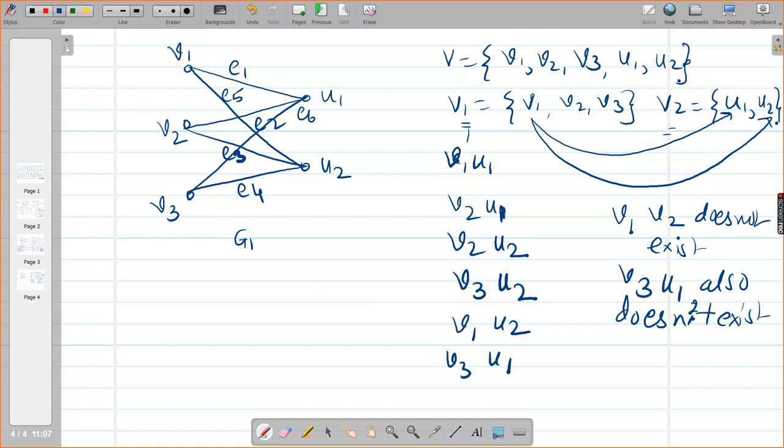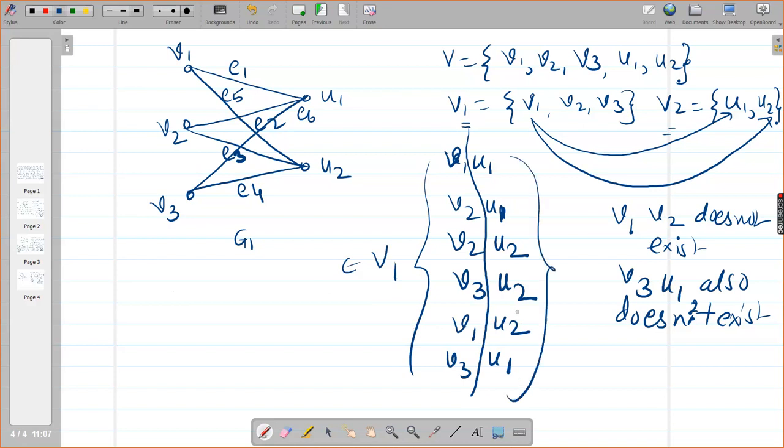So one end vertex is in V1, all these are in V1, and all these end vertices are in V2. And every vertex of V1 is adjacent to every vertex of V2, isn't it? Every vertex of V1 is adjacent with every vertex of V2. So this becomes a complete bipartite graph. Do you understand it?